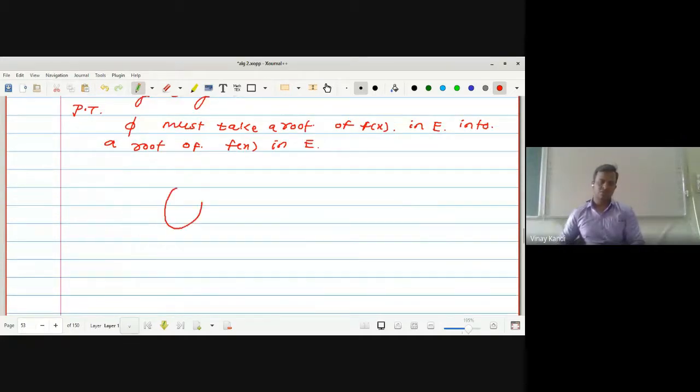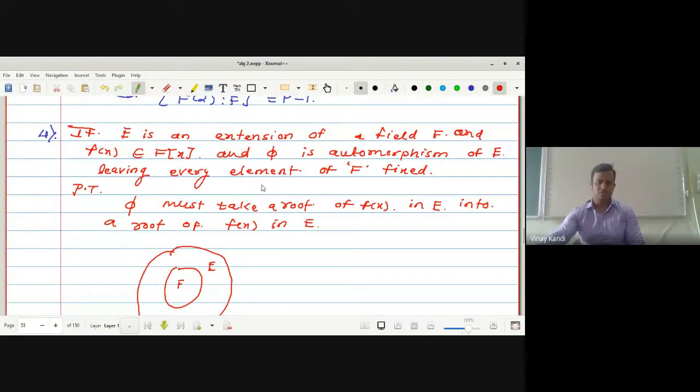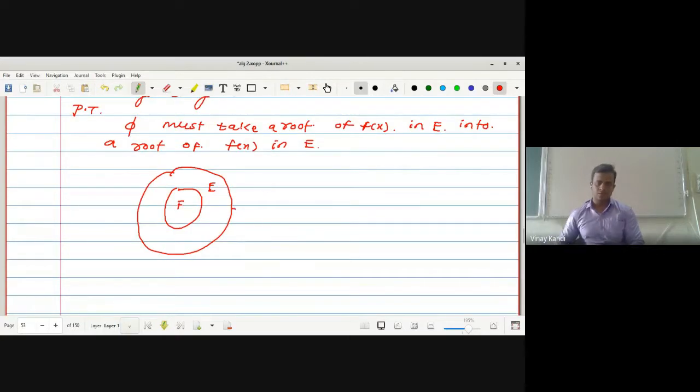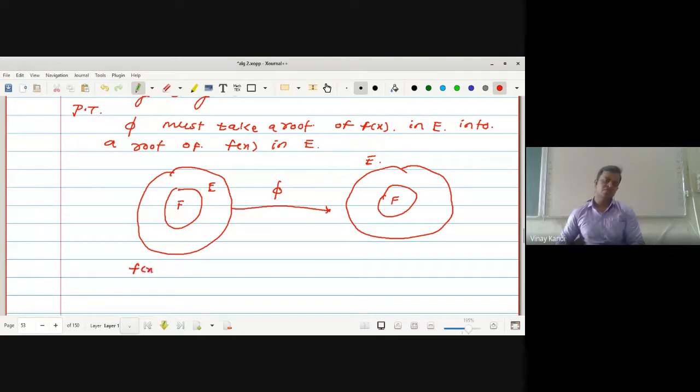Okay, suppose this one is the field F, and E is the extension of the field F. Phi is then an automorphism of E. So this one is the phi, this is our codomain, and this one is the field again, extension of F. Now here f of x belongs to capital F of x, and phi is an automorphism.